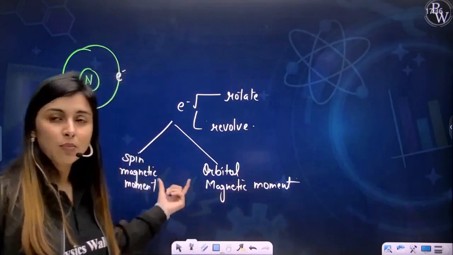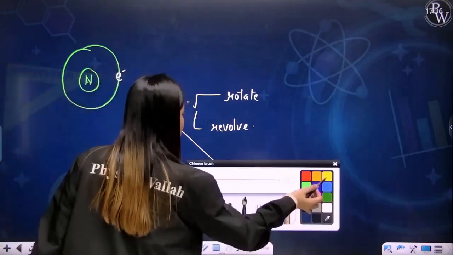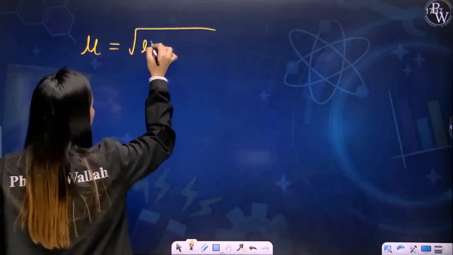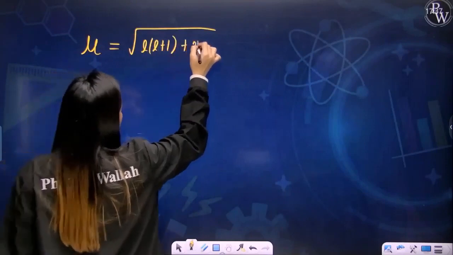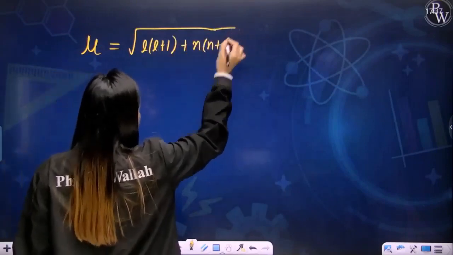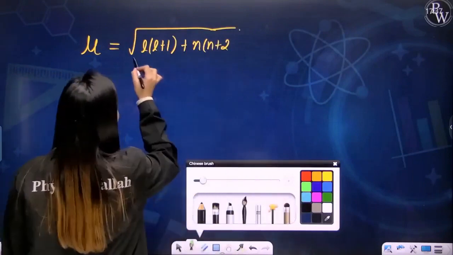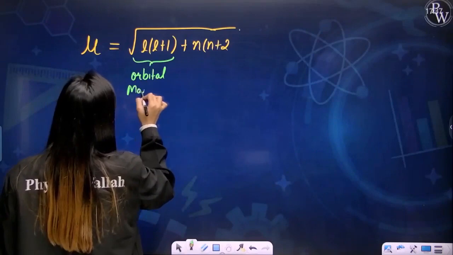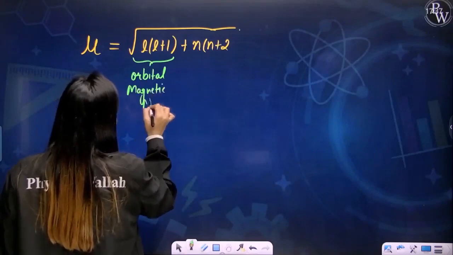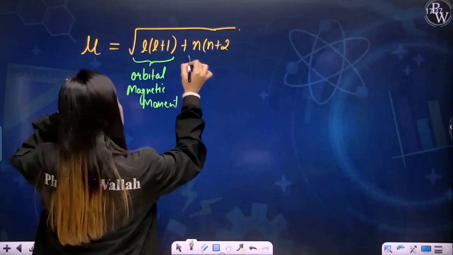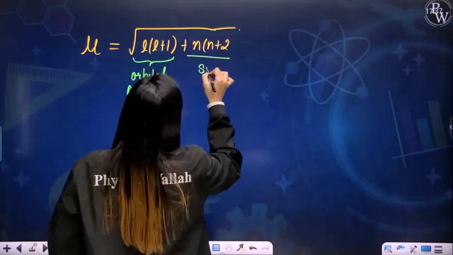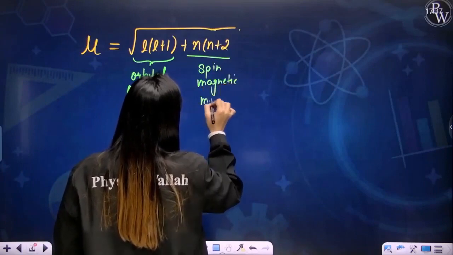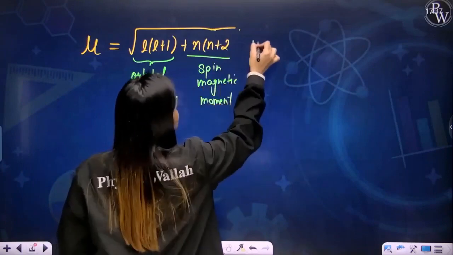So the sum of these two together gives you the dipole moment. The dipole moment is given by the square root of L(L+1) plus N(N+2). What is this? Now let's try to understand. This is the orbital magnetic moment, and this is your spin magnetic moment, and it is given in BM.